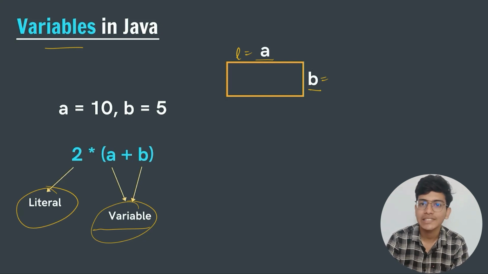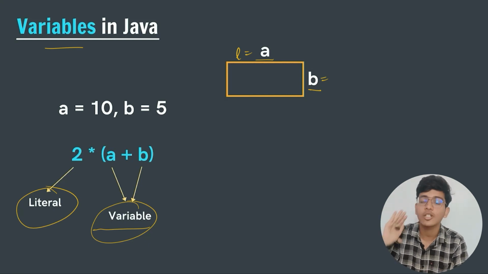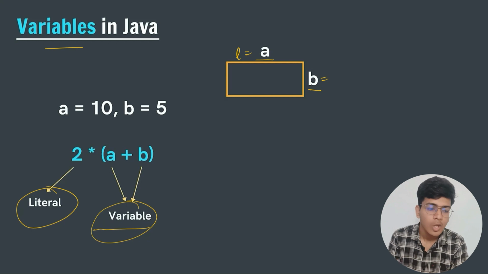Those are considered constants, and literals can't be changed throughout the execution process of our program, whereas the values of variables can be changed. This is the difference between literals and variables.